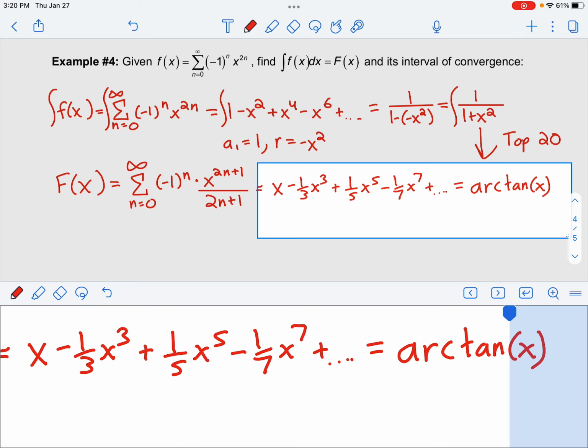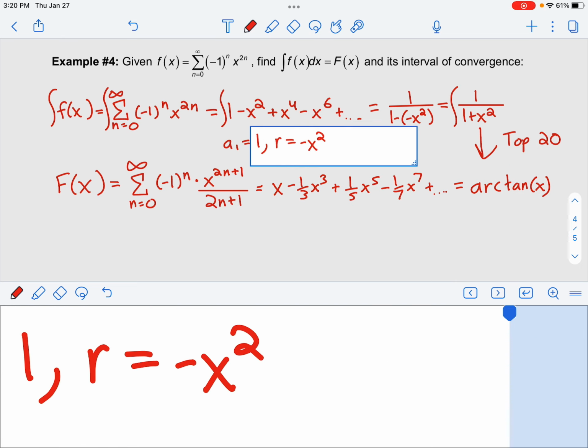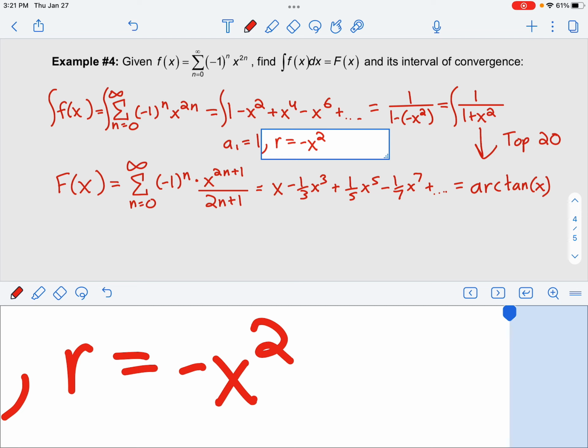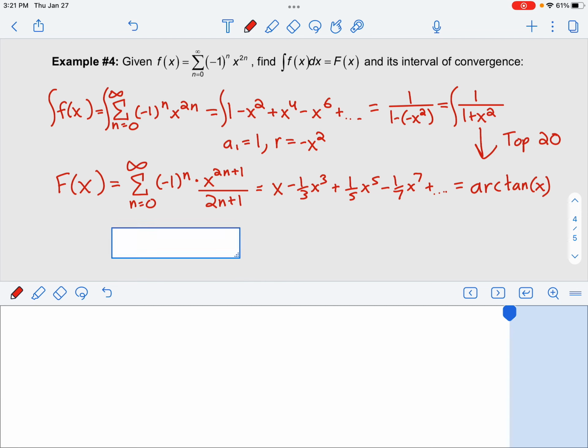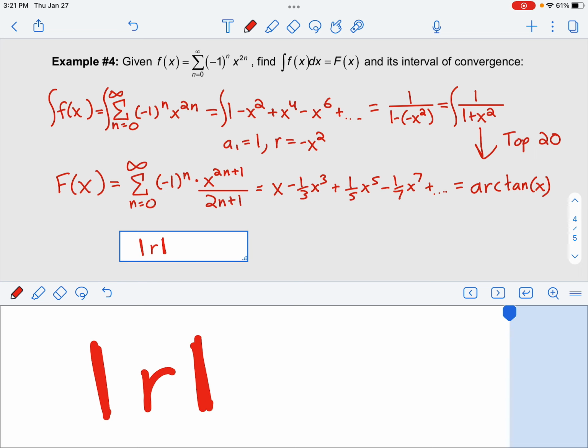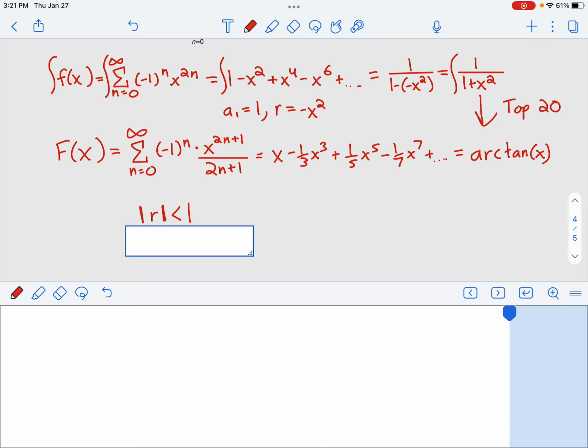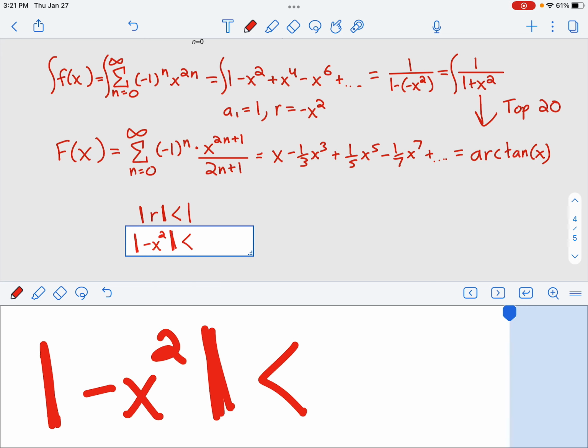That's pretty cool, okay? But remember, all of this is only true if we're thinking geometric, r has to be between -1 and 1. So if I think of it as, again, absolute value of r is less than 1, which means the absolute value of -x squared is less than 1.